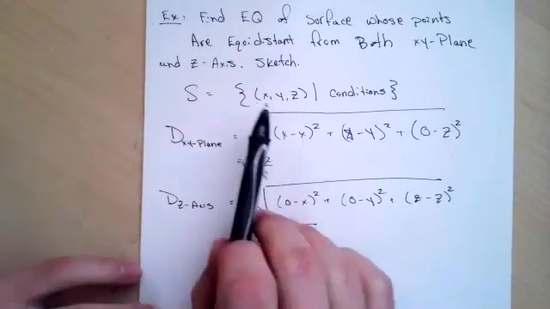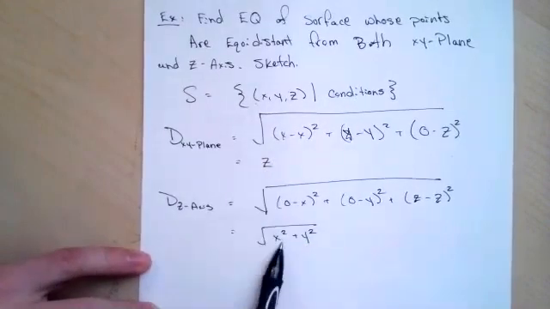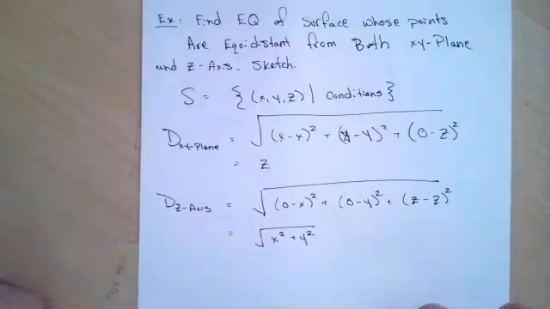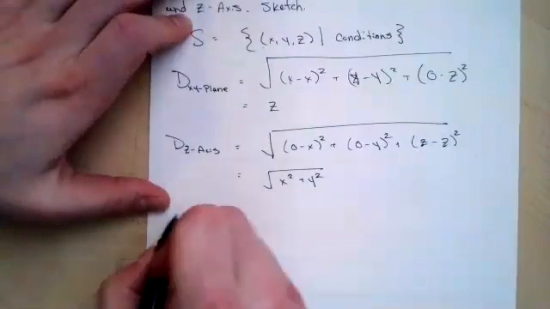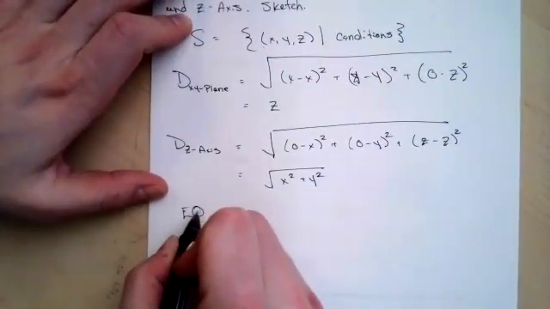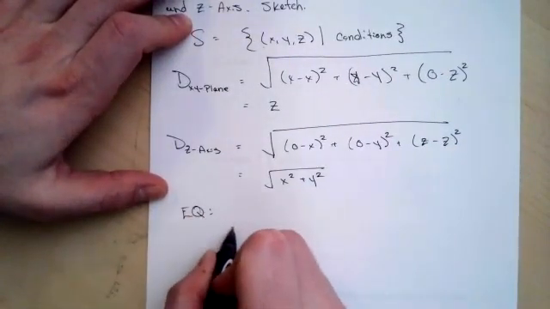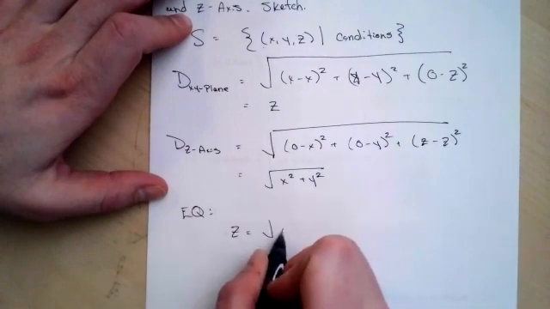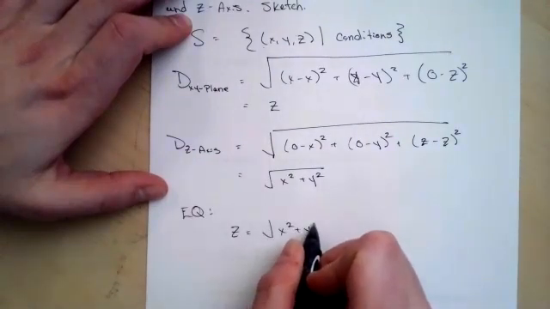We know that by our conditions, both of these distances have to be equal, and that's going to define our surface. So our equation is going to be z equals the square root of x squared plus y squared.